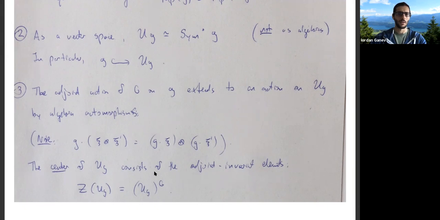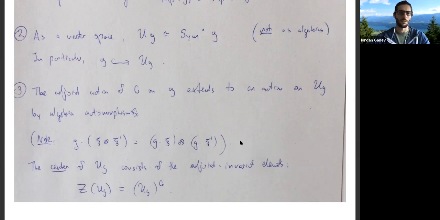So really what happens is we extend it to the tensor algebra, and then we show that the ideal is stable under the g action. And so we get an action on the universal enveloping algebra. And here I want to point out that whenever we act on a tensor product, we act factor-wise with the little g. So g acting on this tensor product is a tensor product of g acting on each of the factors.